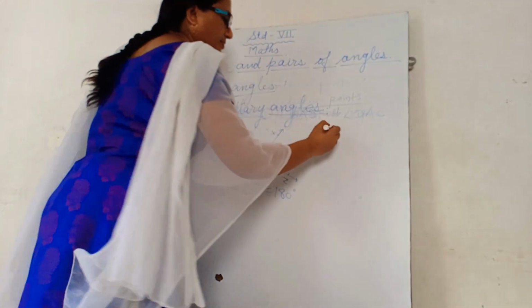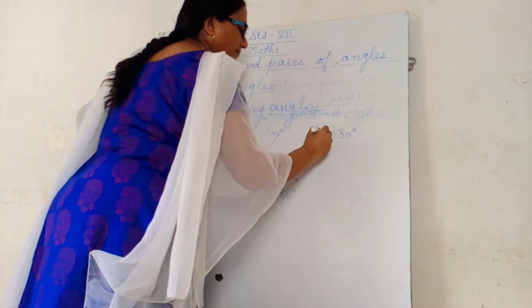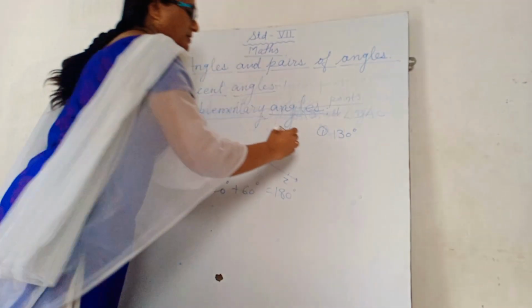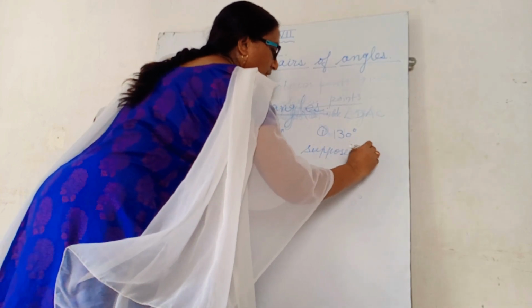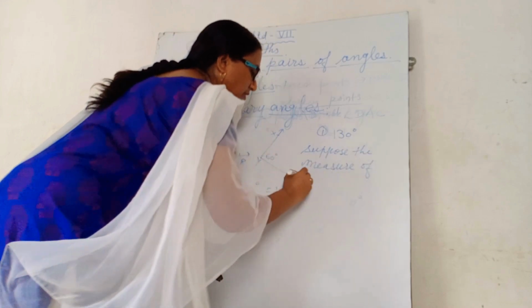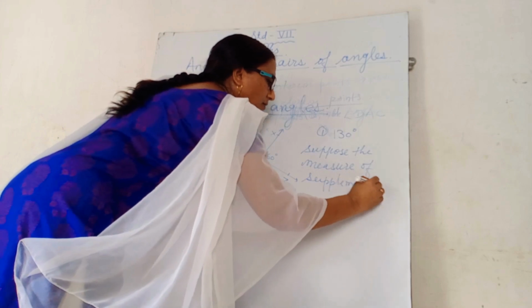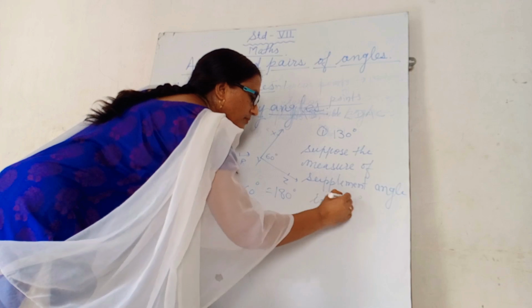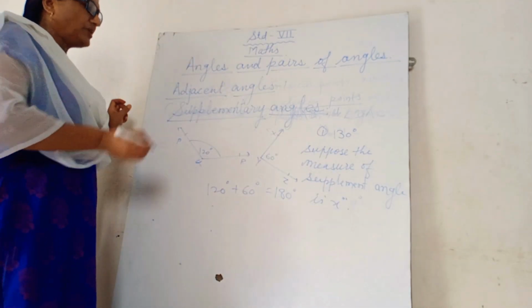For example, an angle of 130 degrees is given and find its supplementary angle. How will you calculate? Suppose the measure of the supplementary angle is x degrees. What is the condition for supplementary angles? Their sum should be 180 degrees.